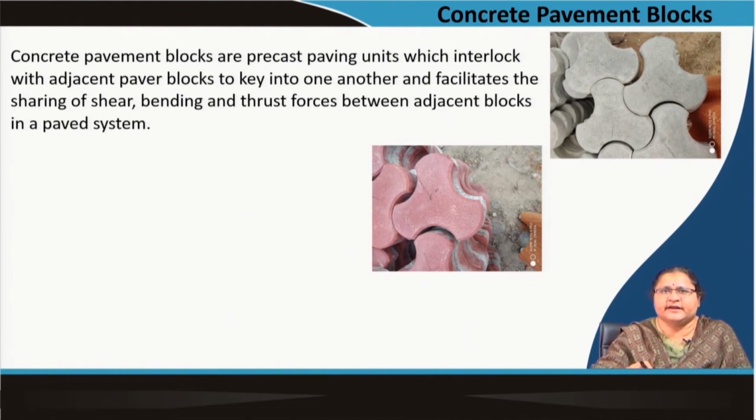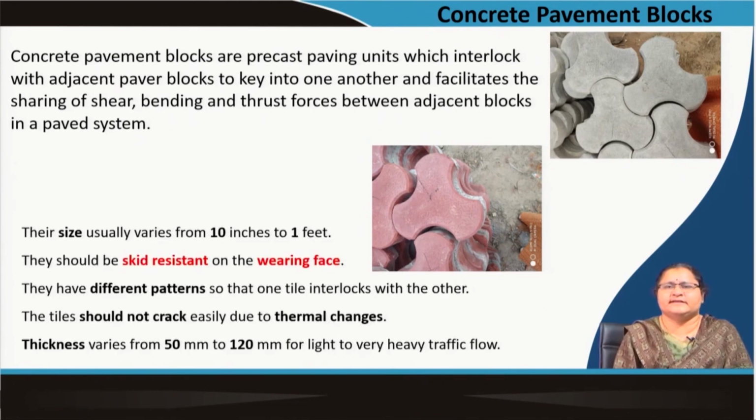So, these are recommended, and this interlocking helps in sharing the shear, bending and thrust forces between the adjacent blocks, and finally the load is shared to the ground. They are more or less 1 feet by 1 feet in dimension, with different shapes and alternatives which have the interlocking arrangement.